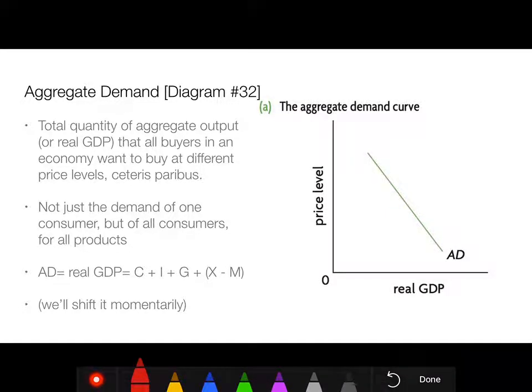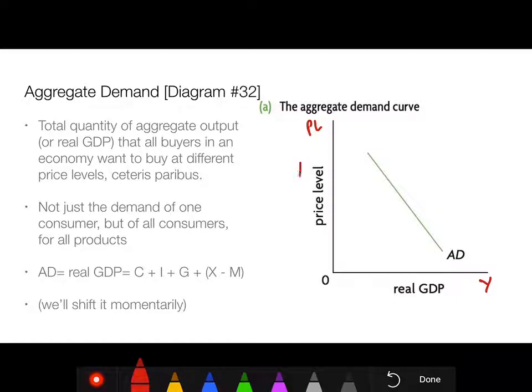If you want to label this, you call this axis Y, the variable for output, or you say just real GDP, and on this axis you call it price level. As the price level drops, the overall output for the economy should increase. And as the price level increases, the overall output will decrease.